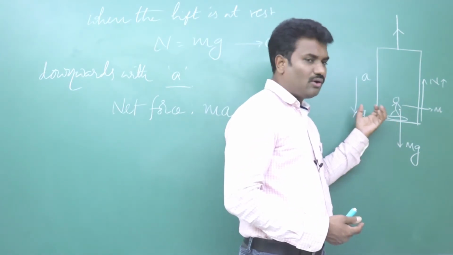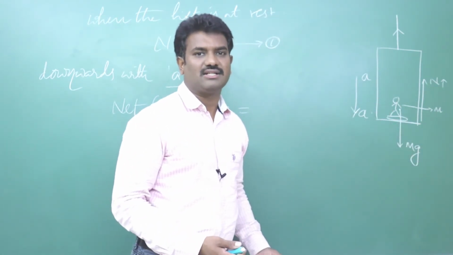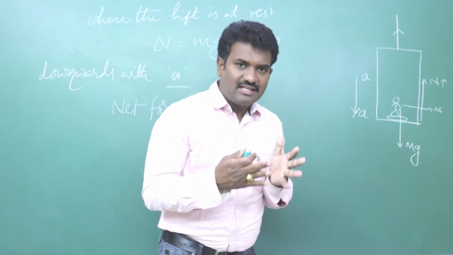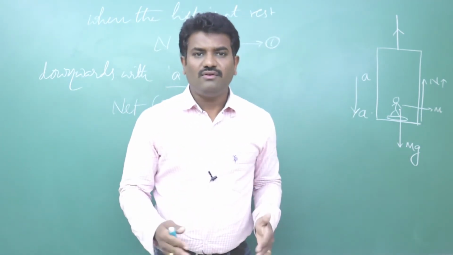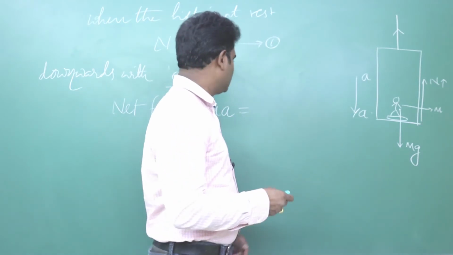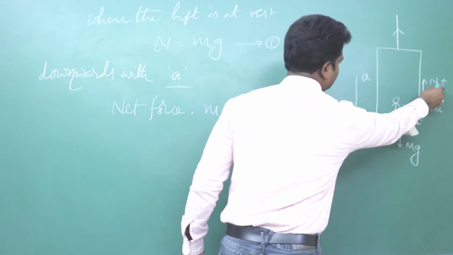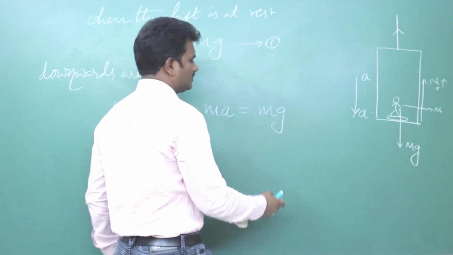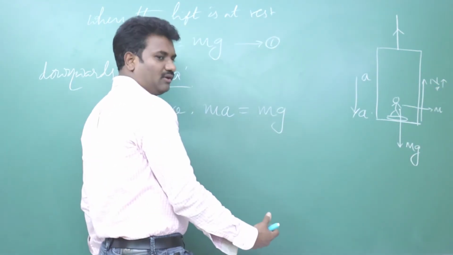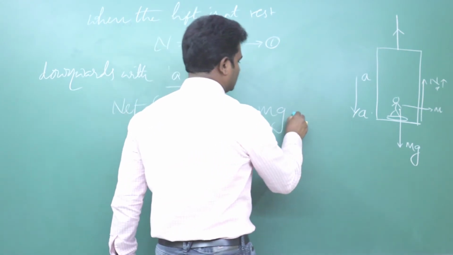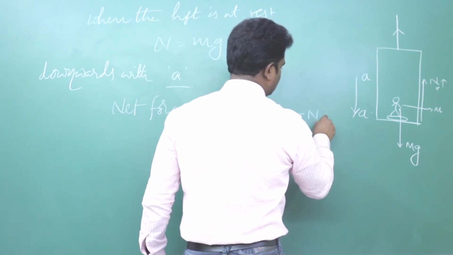As a whole, the system is moving in the downward direction. That's why the downward force is higher than the upward force. That's why the downward force mg is greater than N_d. The resultant force is the downward force minus the upward force. That's why it is mg minus N_d in the downward direction.